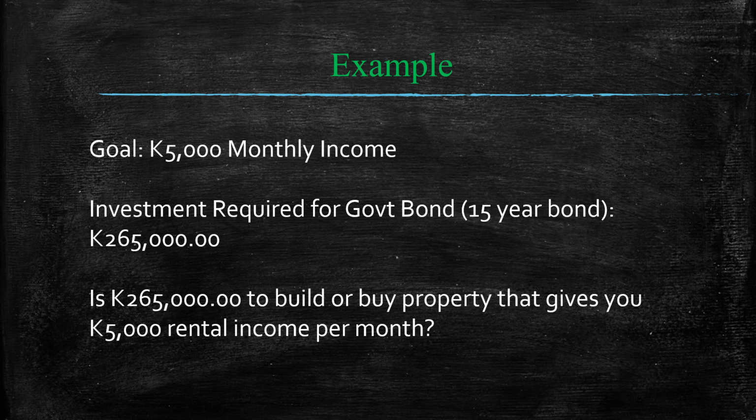I think that the answer is no. From that same 265,000 kwacha, you need to buy a piece of land. From that same amount, you need to spend on all the legal provisions that you need to satisfy.